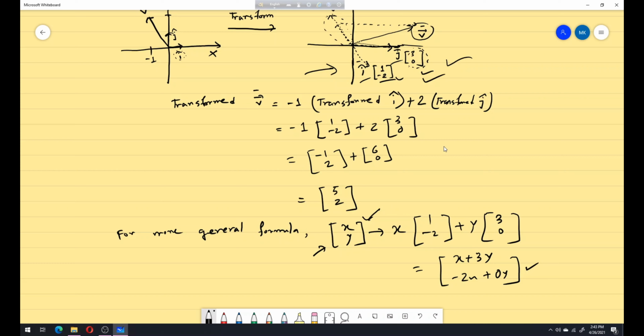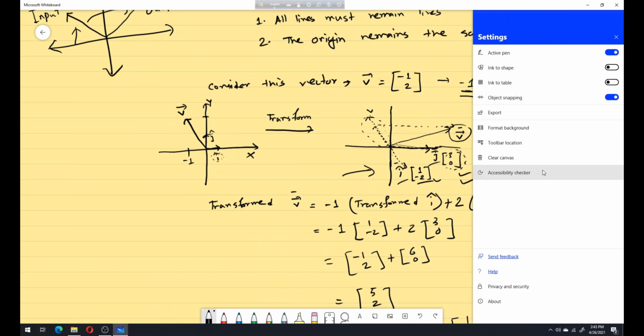Okay. So in this way, I give you any vector and you can tell where the transform vector lands, if you only know the picture of transformed basis vectors. Okay, let me erase all this.